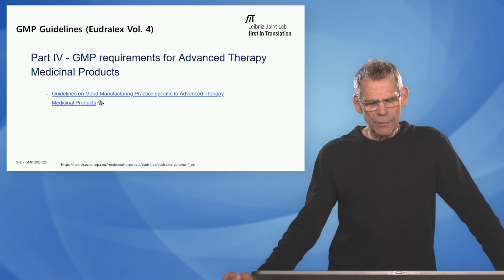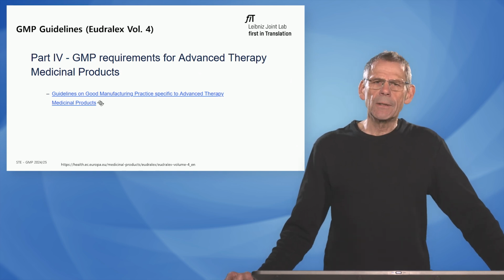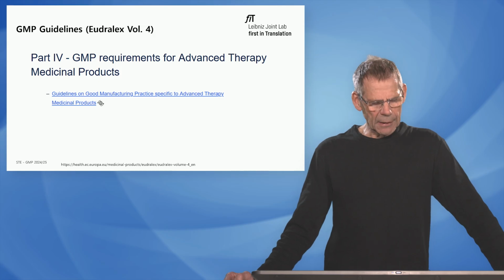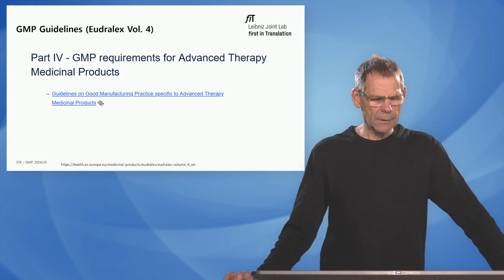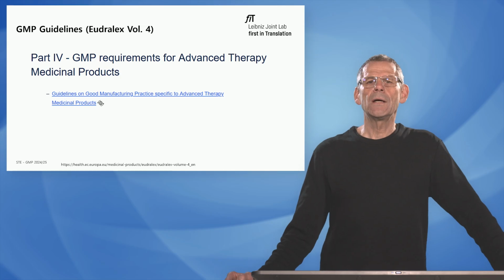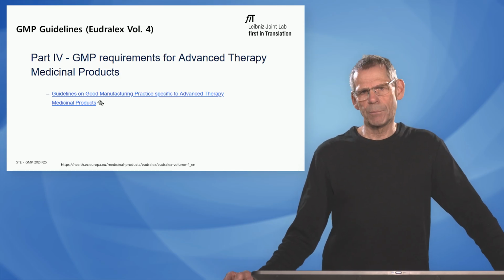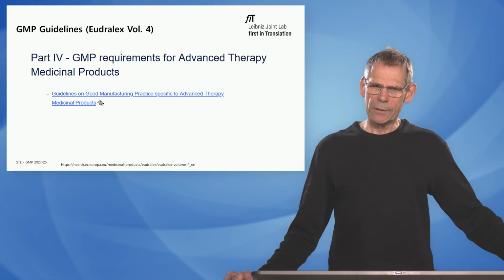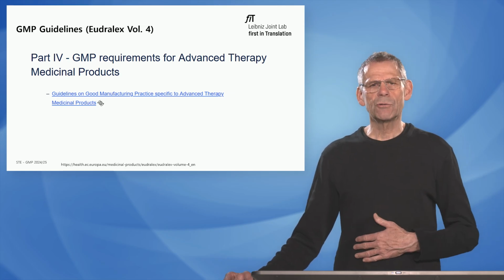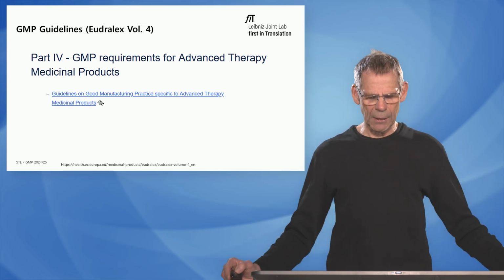But we have also very specific guidelines, and as we are talking here about cell and gene therapeutics, there is a specific guideline I would like to mention: the good manufacturing practice specific to advanced therapeutic medicinal products, which are more specific to this type of product manufacturing and include additional GMP requirements.